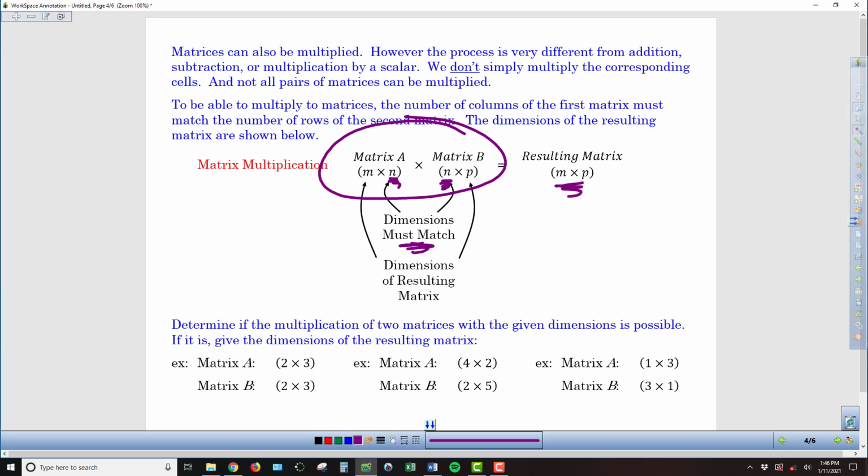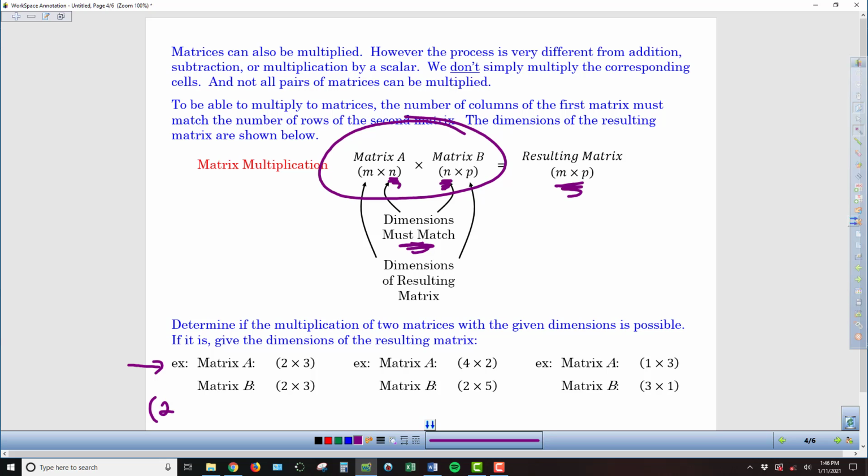Then we can get into the mechanics of how we actually perform the multiplication, because again, it's not just a matter of multiplying corresponding entries like it was for addition and subtraction. To start off, in this first example, we have two matrices, A and B, with the exact same dimensions, 2 by 3 for each. Are we able to multiply them?